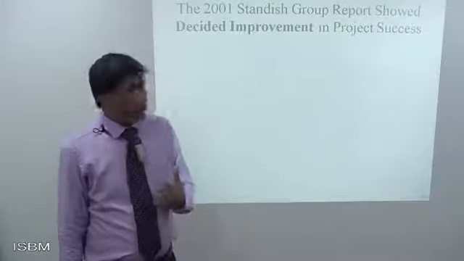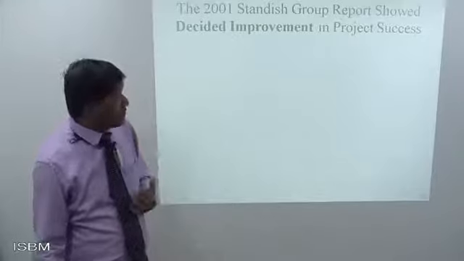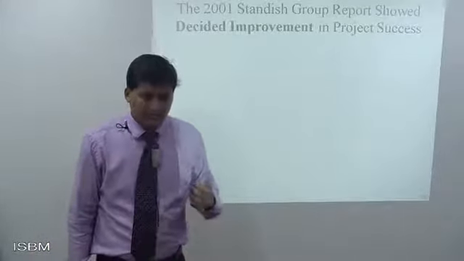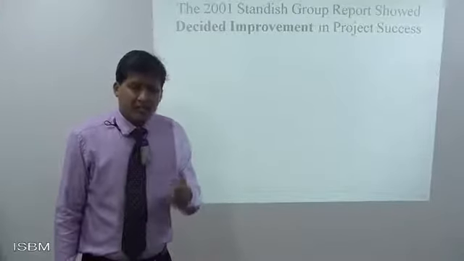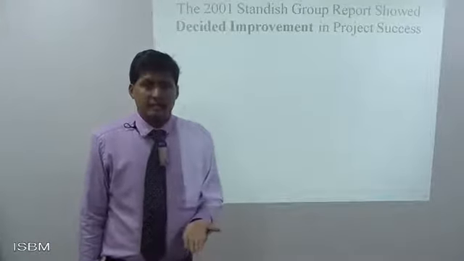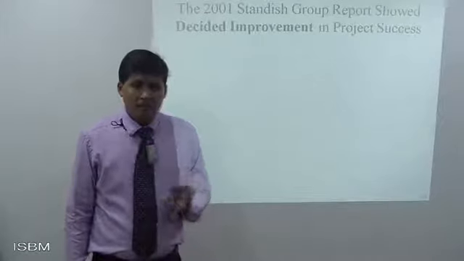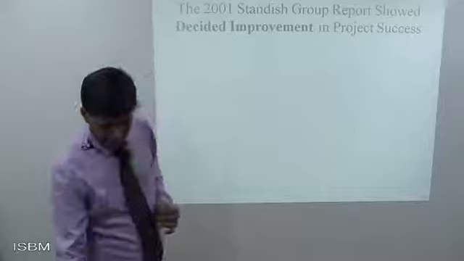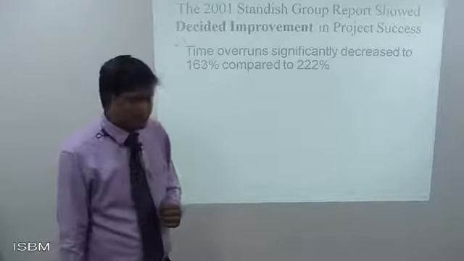In 2001, the Standish Group showed desired improvement areas. Now, this report is a fascinating report which showed that among the existing projects that were taken, what were the areas that improvements could be looked at. Those areas were: 1.